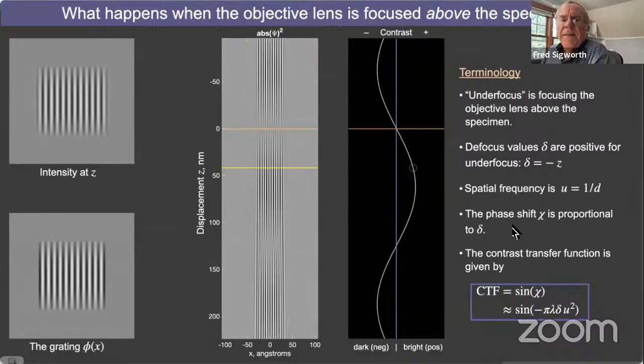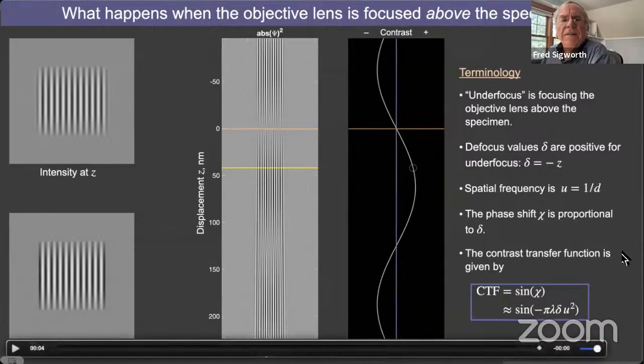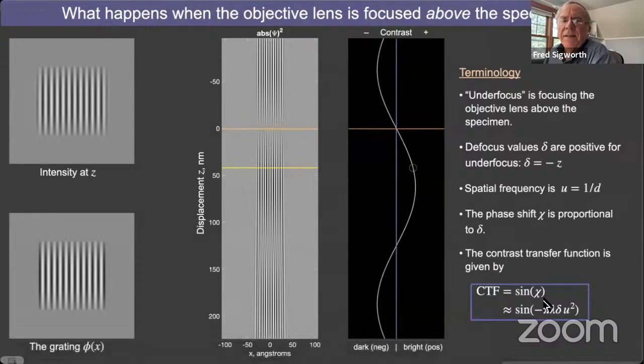And the phase shift chi, which is the phase shift between those two waves, is proportional to the amount of defocus. And so the contrast transfer, that is how much contrast we get out of having a specimen phase grating here, is equal to the sine of this phase difference chi, and it's approximately this.